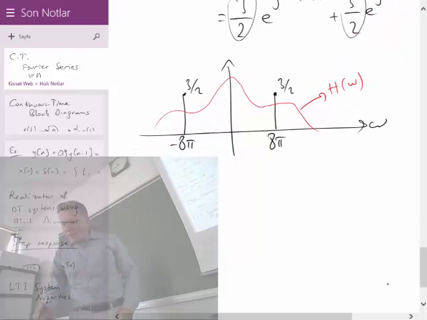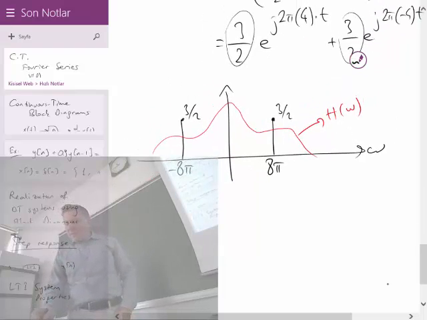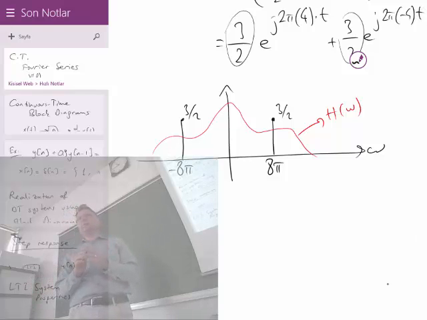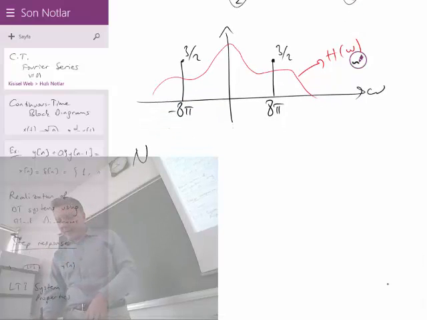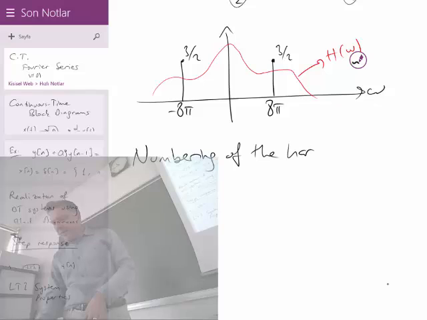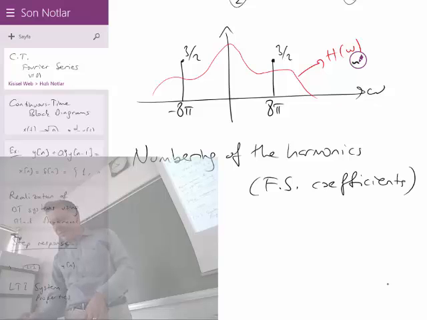Now, if you have a single harmonic, or if you have a fundamental period, then the numbering of the harmonics is something quite critical. So the next issue is the numbering of the harmonics, also known as the Fourier series coefficients. How do we number them?